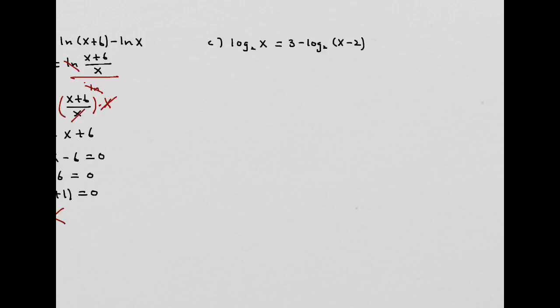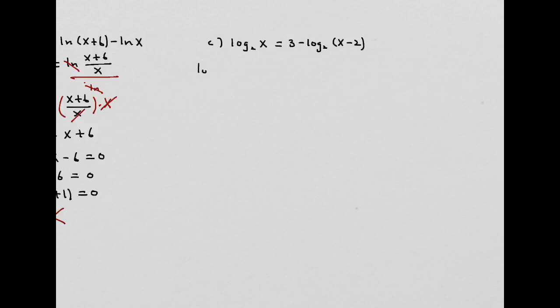What about this problem? What I like to do is, because here I have two ways of doing it, I can put all the logarithms on one side and leave the value on the other side. So let me show you. I'm not going to work both ways, but I can just show you how to start the problem.